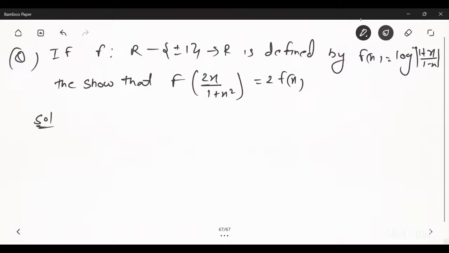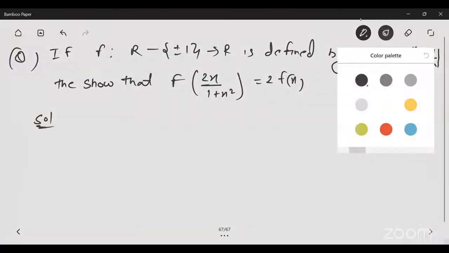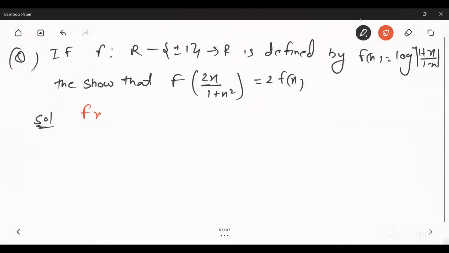Now come to the solution part. f of x is equal to log of 1 plus x upon 1 minus x. Now put 2x upon 1 plus x square in place of x.